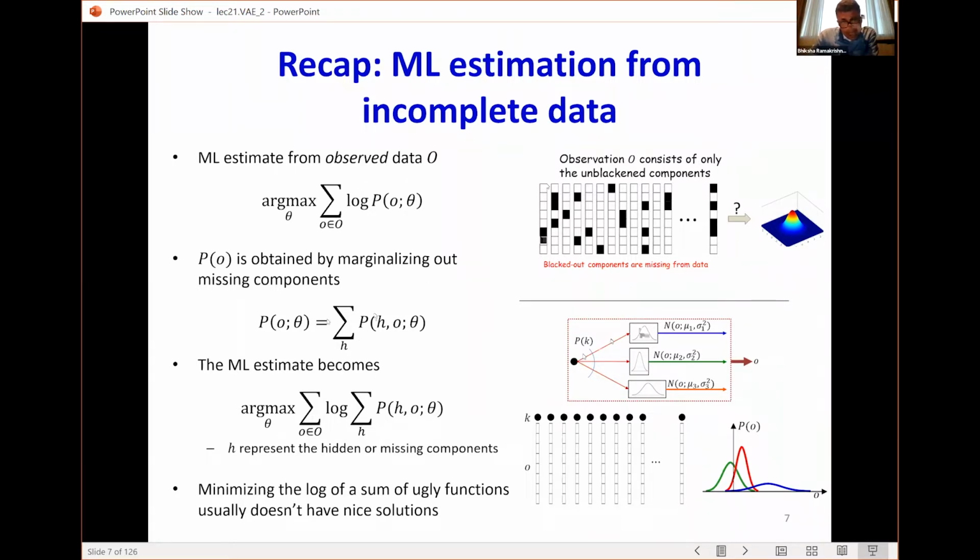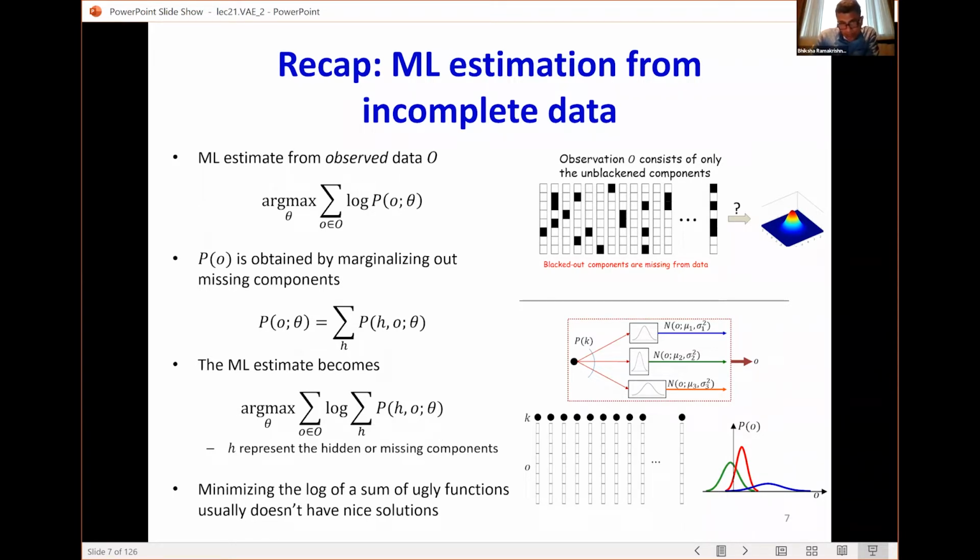And so now, in order to compute the probability of just the observed components of the data, you must marginalize out the missing or unseen components from the complete data, H, O, which includes both what you observe and what you did not observe. And the maximum likelihood estimation in this case is going to maximize the log of P of O, which is the log of the summation over the hidden or missing variables of the probability of the complete data, including the missing and the observed components.